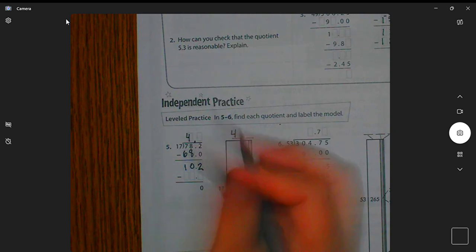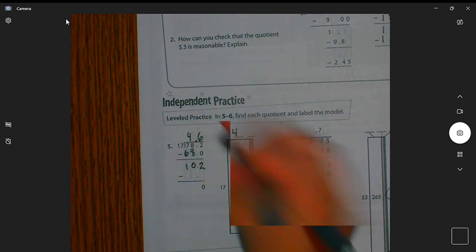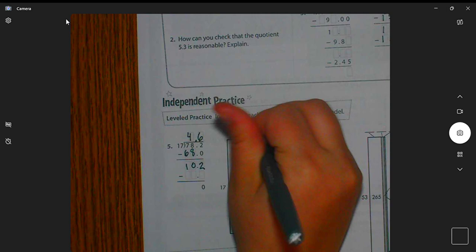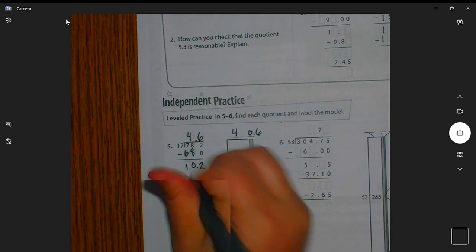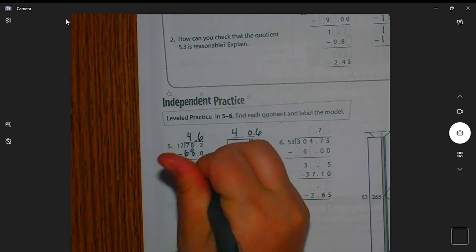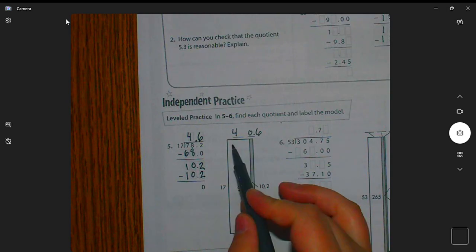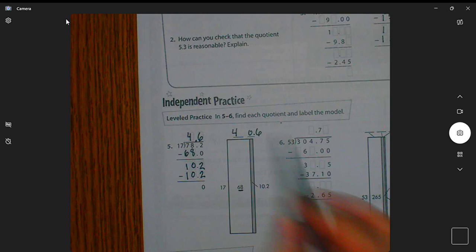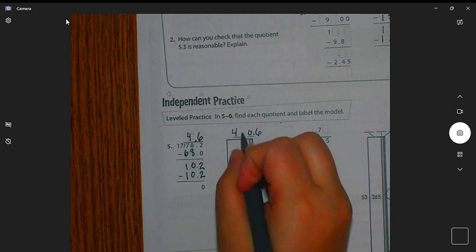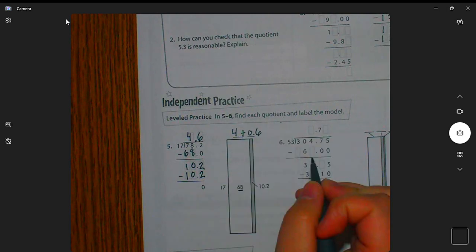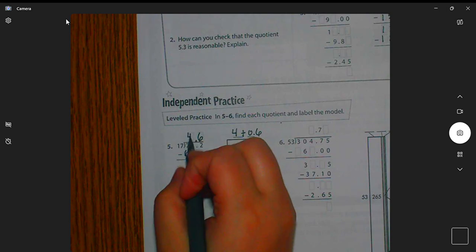And that actually gets me exact. So the way I would fill this out would be 4 and 6/10, because when you add your partial quotients together, you should get your final quotient.